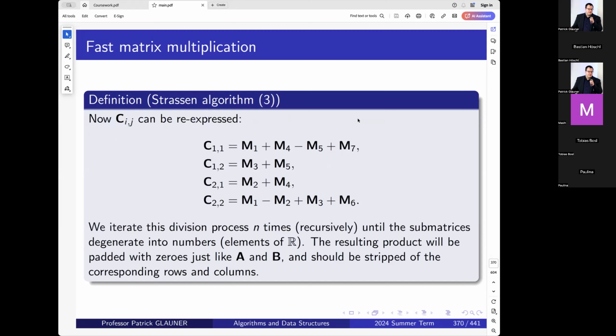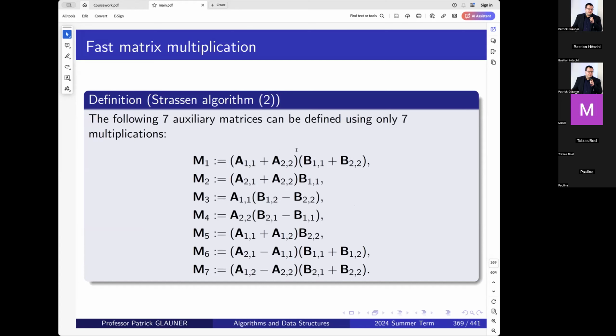And now you're wondering, what does cheaper mean? We are introducing more lower order terms, because additions and subtractions of matrices are lower order terms. So this adds more lower order terms, but we have fewer multiplications. And remember, it's a recursive procedure. And so this will definitely lead to far fewer multiplications in total.